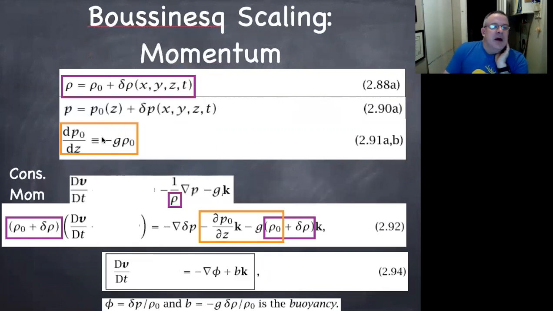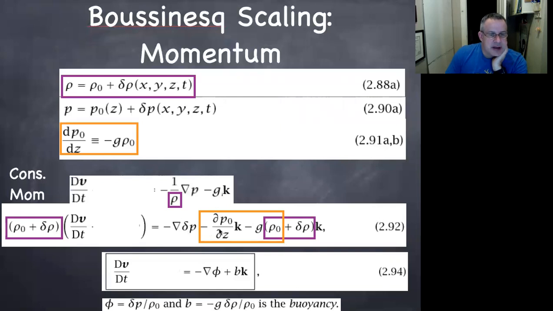So if we look at the momentum equation and plug in these same terms, we see that the conservation of momentum gives us, there's a 1 over rho here, the gradient of pressure, here's gravity, plug in for rho plus delta rho, this is the whole rho, that cancels the rho over here.